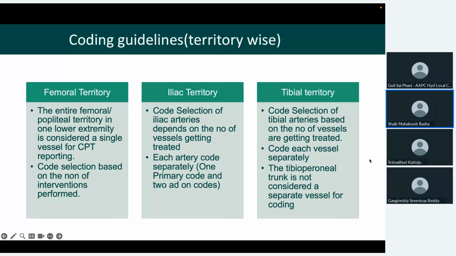We have four arteries: anterior tibial artery, posterior tibial artery, peroneal artery, and tibioperoneal trunk. The basic guideline says code each vessel separately, but the tibioperoneal trunk will not be considered a separate blood vessel. It is inclusive of the other two arteries, the peroneal artery and posterior tibial artery. I will give an example, and you will understand.